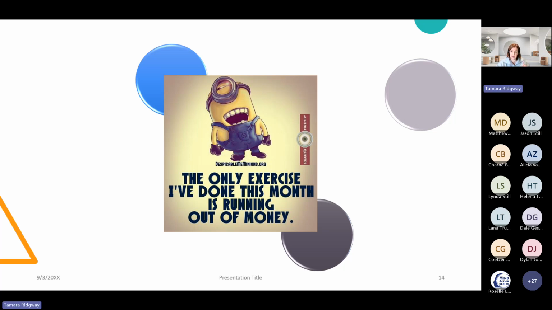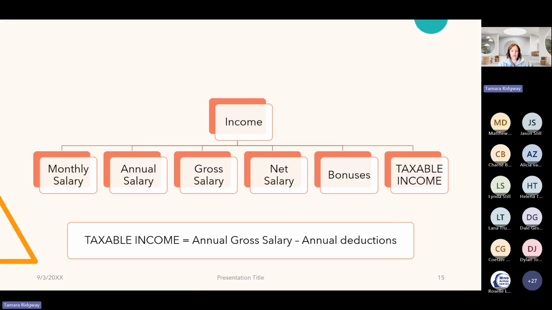Now, income, I broke up into six. Is it repetitive? Potentially. I think it depends on how you approach it.